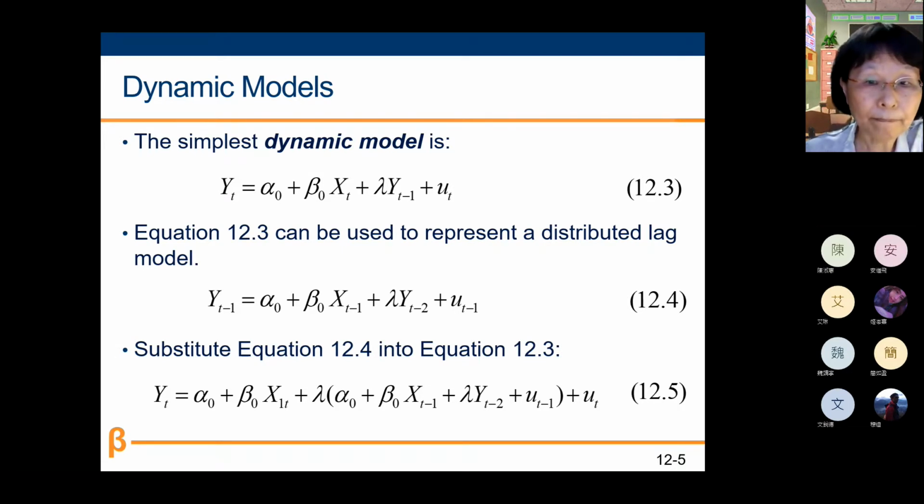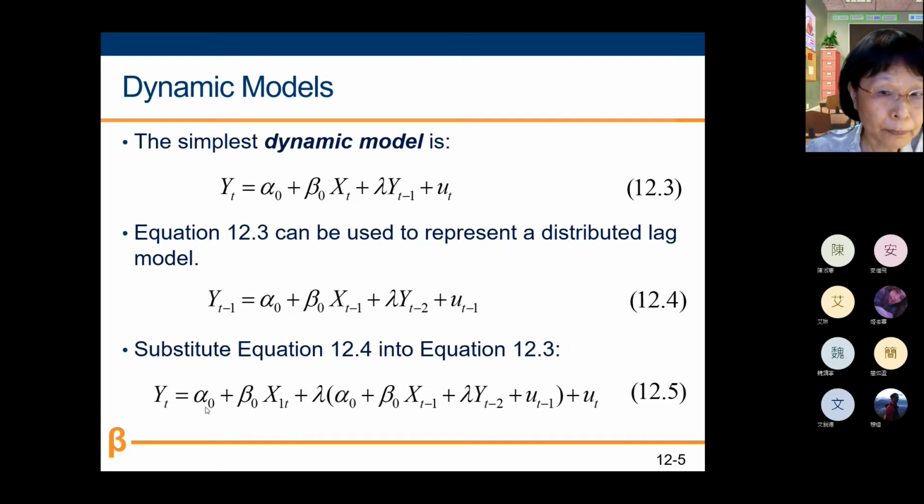Okay, then look at 12.5. This is equation 12.5. And rearrange it. How to rearrange it? Lambda alpha 0 is a constant, so I will put this together with alpha 0.